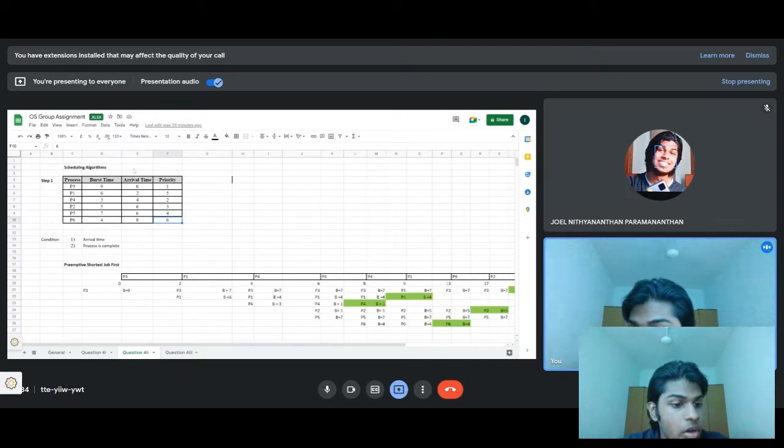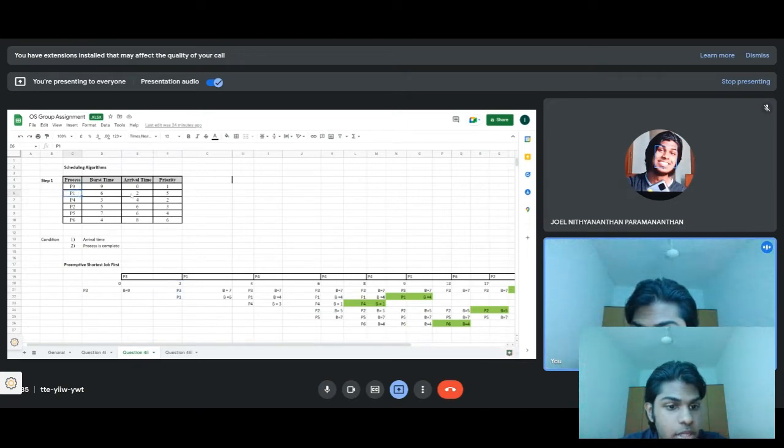Moving on with the schedule for preemptive shortest job first, which will be preemptive SJF. For the first process, you will be getting process 3, because process 3 arrives first and has the burst time of 9. And thus, it ends at 2. Looking at the table, at 2 we get two processes, which are process 3 and process 1.